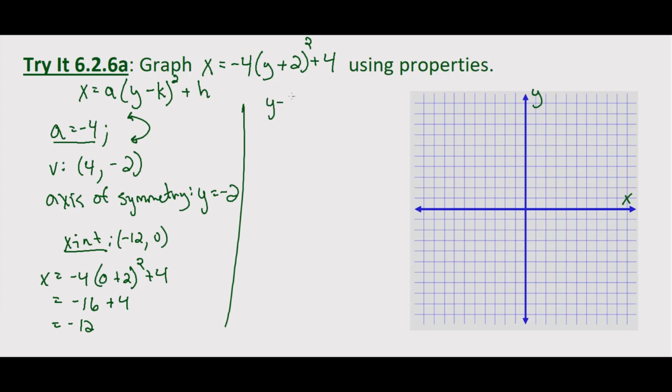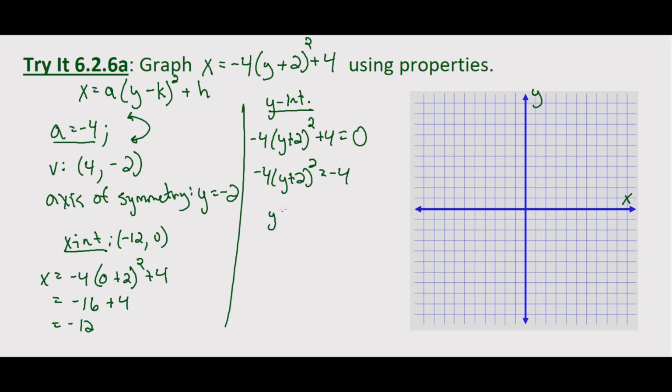Y-intercepts, that's when x equals 0. So -4 times (y plus 2) squared plus 4 equals 0. Subtract 4 from both sides, we get -4 times (y plus 2) squared equals -4.